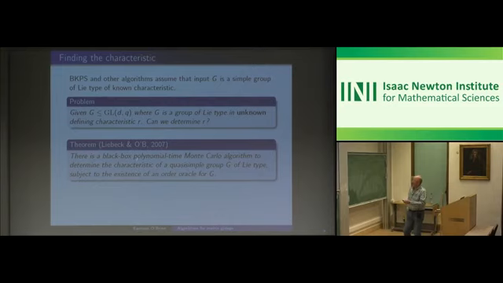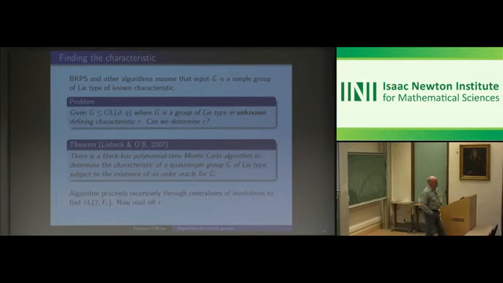But here we are. We get a black box polynomial time Monte Carlo algorithm to determine the characteristic of a quasi-simple group of Lie type, subject to the existence of an order oracle. In fact, the order oracle is for SL(2,q), but you can just get by with the order oracle for G as a whole. The key idea here, again, is that we use centralizing involutions.